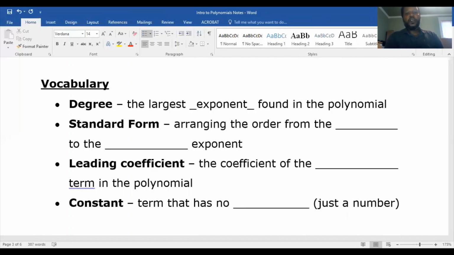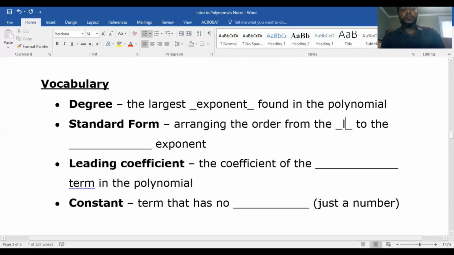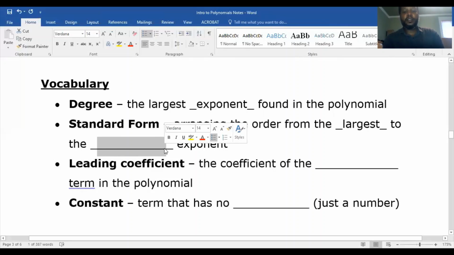And then standard form is arranging the order from the blank to the blank exponent. From the highest. Good, from the largest or the highest exponent to the smallest. Very good.